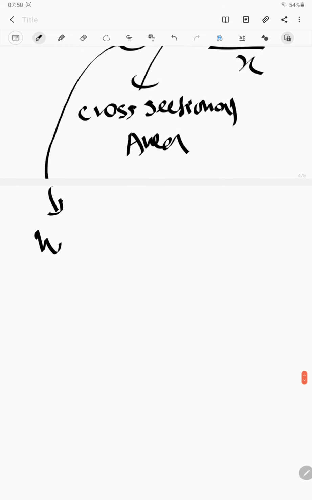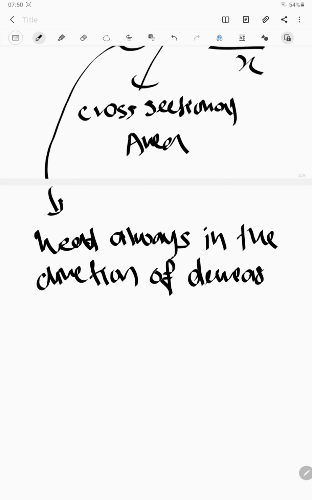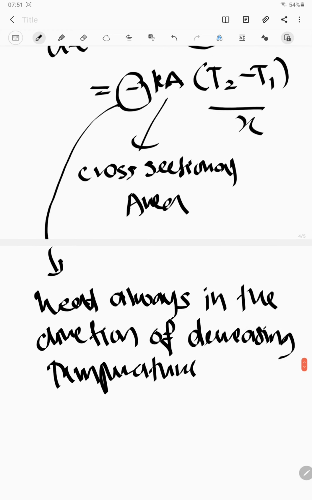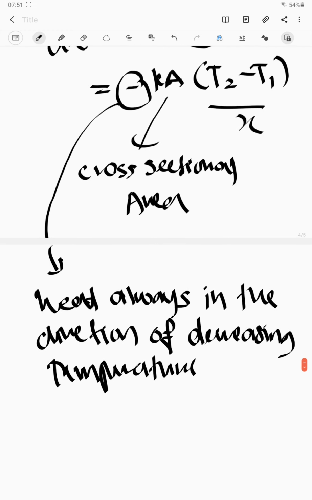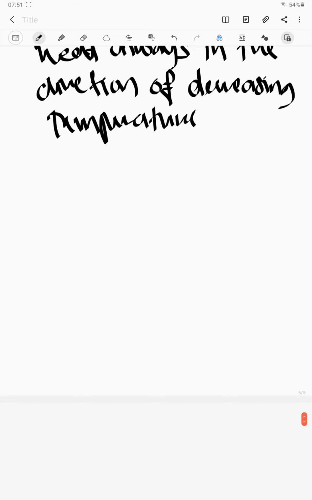Negative sign here, okay, indicates that the heat always flows in the direction of decreasing temperature. Okay, so maksudnya heat ni ataupun haba ni dia akan transfer daripada higher temperature to the lower temperature, in the direction of the decreasing temperature.